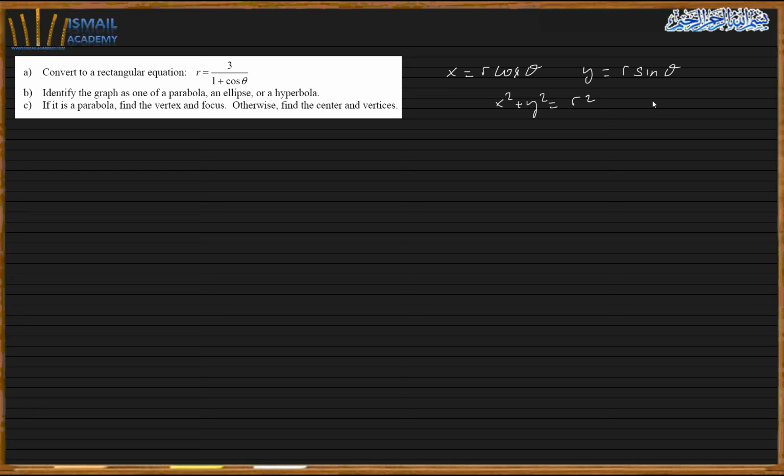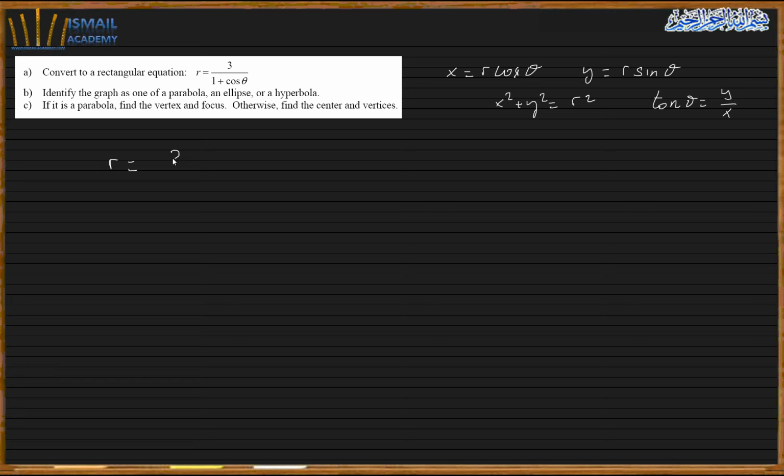Plus, in terms of tangent, we know that tangent of theta is y over x. So those are the only information I have. So I'm going to use those to change this one from polar to Cartesian or rectangular coordinates.